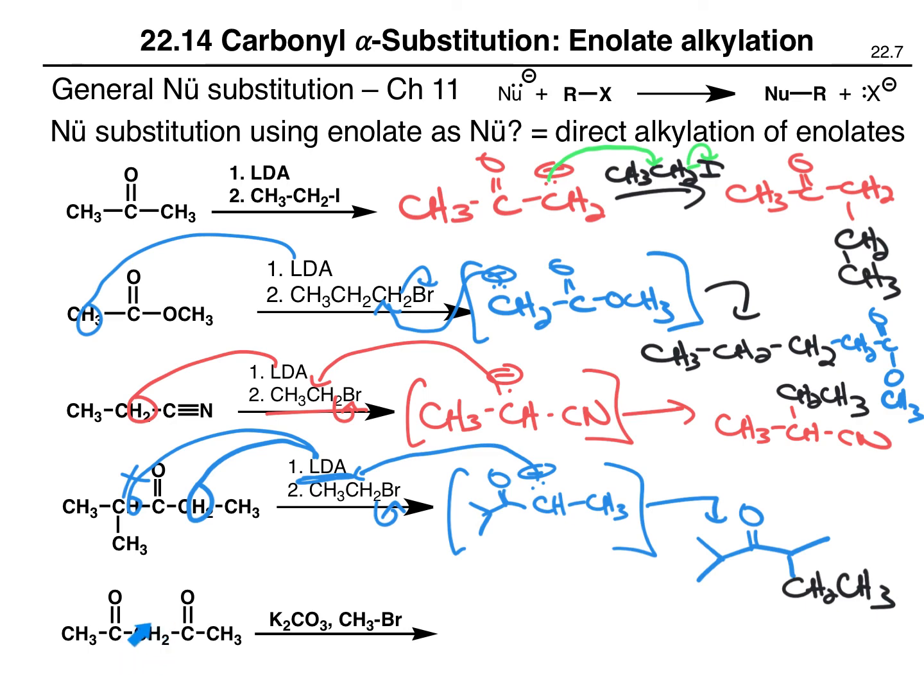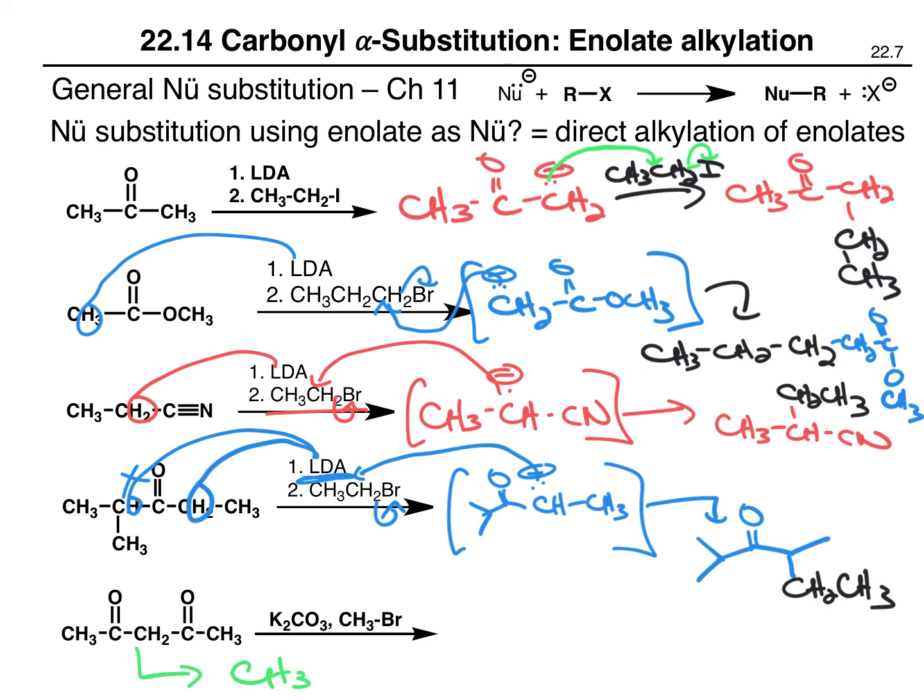If we look at our last example, here we have a beta diketone, and keep in mind that the pKa value of these hydrogens is about 9, so this means we can use a much milder base to generate the enolate here. Even with a milder base, the position of equilibrium will lie very far toward the enolate.